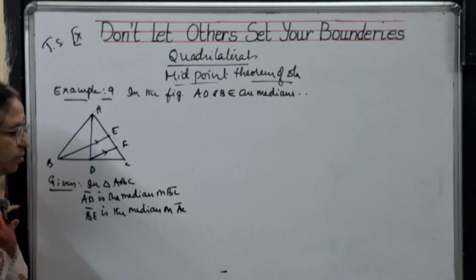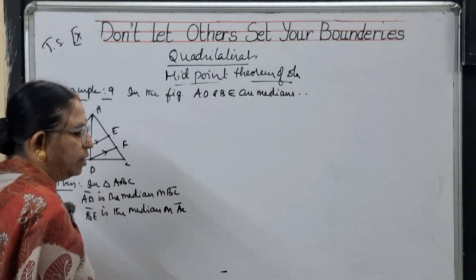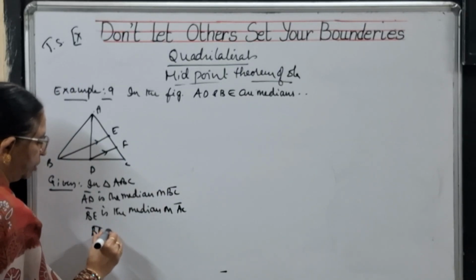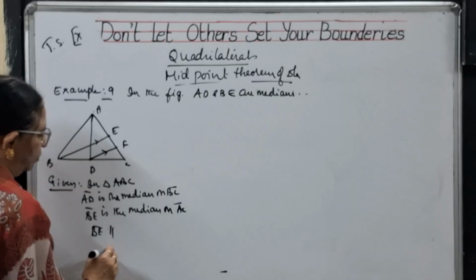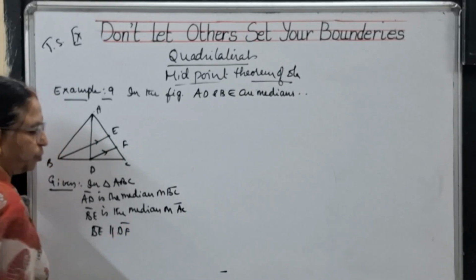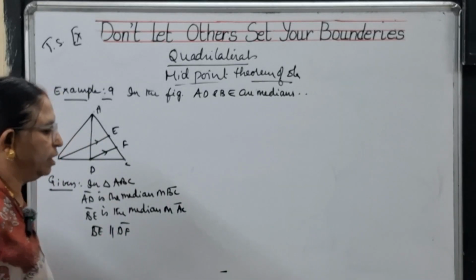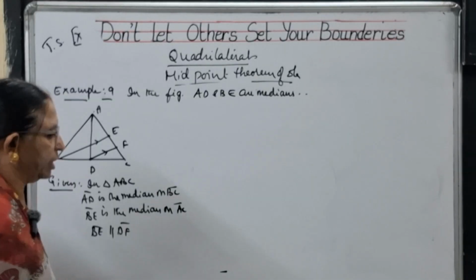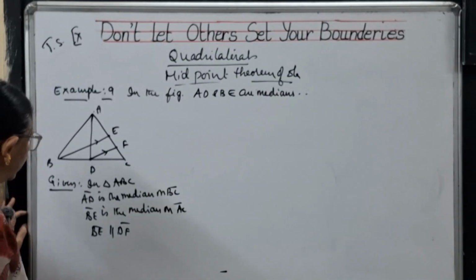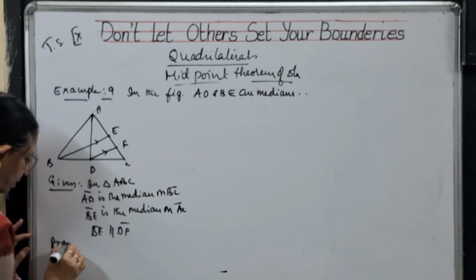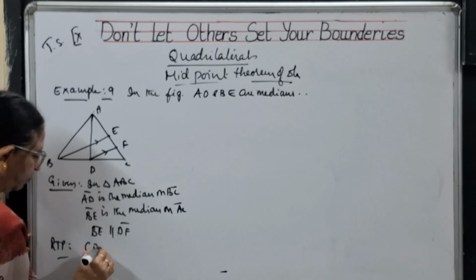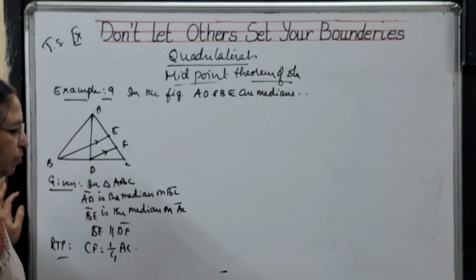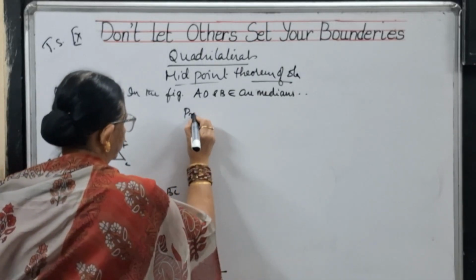And what else have they given? BE is parallel to DF. This is also given to us. In the figure, AD and BE are medians of triangle ABC. BE is parallel to DF. Prove that, RTP. What is RTP? We need to prove that CF is equal to 1/4 of AC. This is what we need to prove. So let us go for the proof, children.